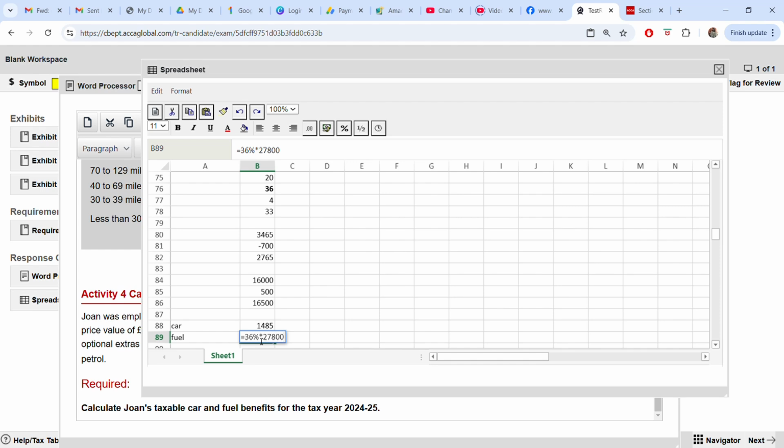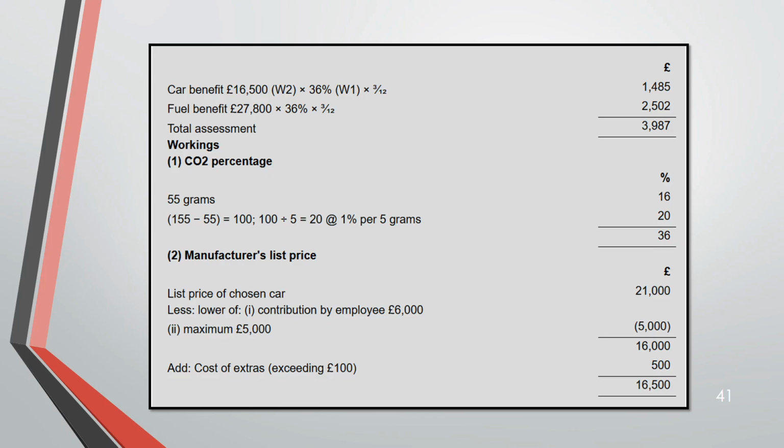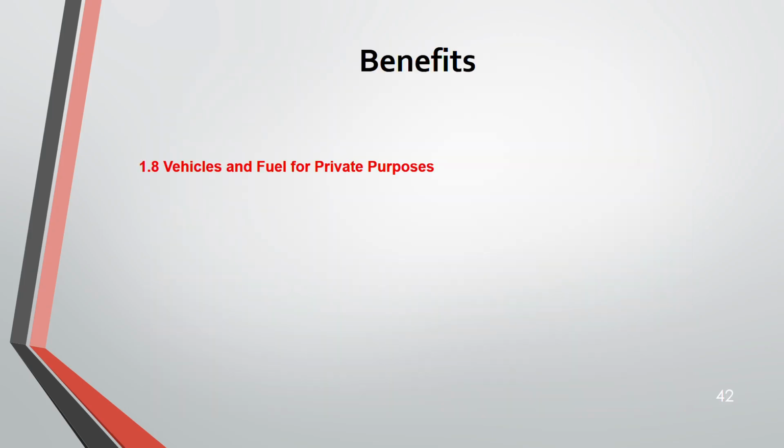And this also you have to apportion for 3 months. And then you take the total of this two, the car and the fuel, that is your total benefit. So this is the answer for activity 4, where we have added both fuel and car benefit and got the total.